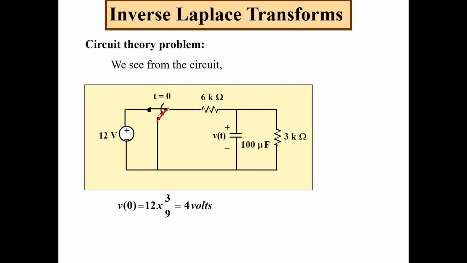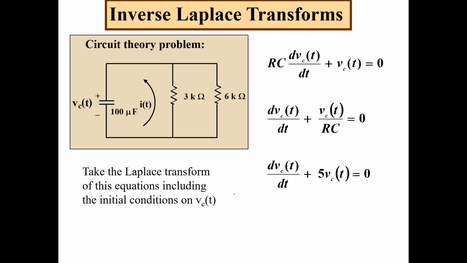You see that this one is parallel with this one, and then parallel to this one. So we can determine the voltage using the voltage divider: 3/(3+6) times 12, where 12 is 12 volts. So we got that the voltage at t equal to 0 is 4 volts.